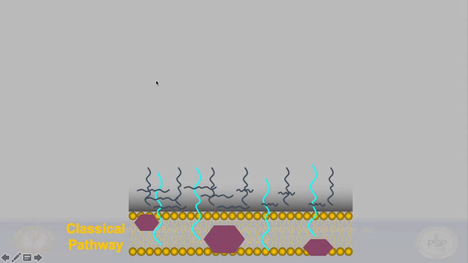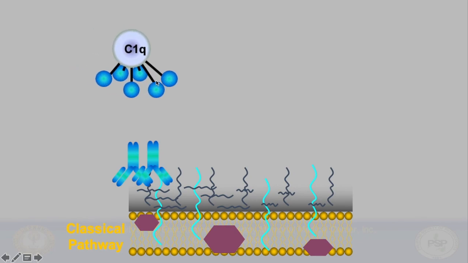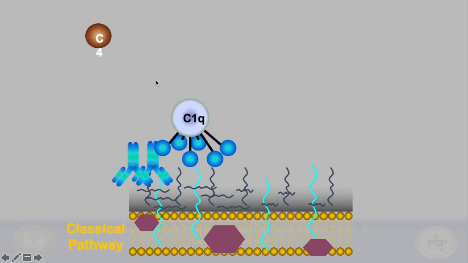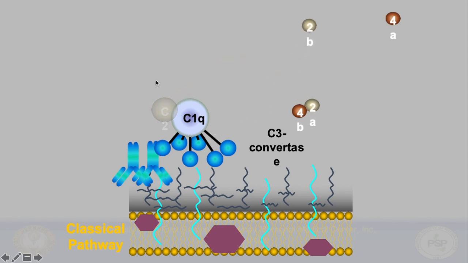So this is an illustration of the classical pathway. We have an antibody that binds to the bacterial cell wall or bacterial membrane. What happens next is the C1 protein will bind to it. The C1 then would cleave C4 and C2.